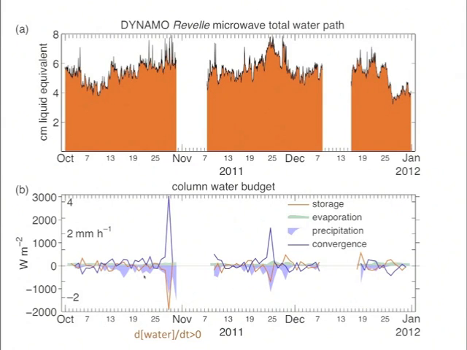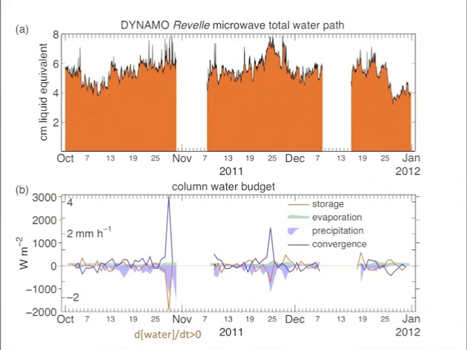Let's see. So we observe the evaporation in great detail, and you can see the evaporation of the ocean. While on the previous plot I showed it seemed to vary a lot, on the scale of the amount of variation of the amount of water in the column and the amount of precipitation that's coming out of the sky at any time, from day to day, the evaporation varies only a very small amount.